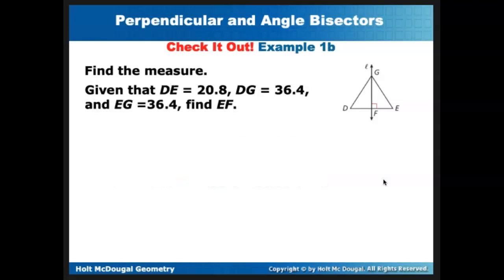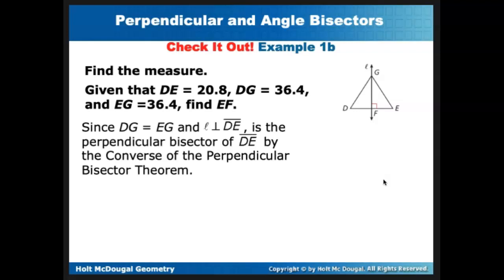Try this one. Pause the video. Since DG equals EG and line L is perpendicular to line DE, it's the perpendicular bisector of DE by the converse of the perpendicular bisector theorem.